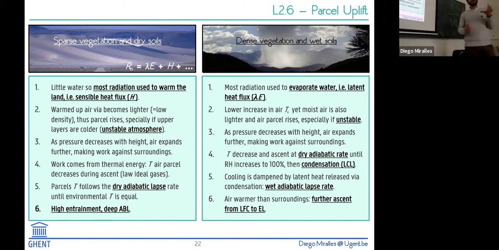Those two cases involve a certain instability of the atmosphere. If the atmosphere is very stable and the environmental lapse rate prevents that buoyancy from occurring, then unless you have strong roughness or mechanical friction, that air won't go up at all.